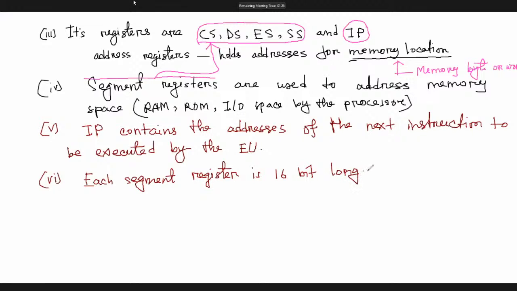That means each and every one of them. So we have CS, DS, ES, SS. Each and every one of them is 16-bit long.